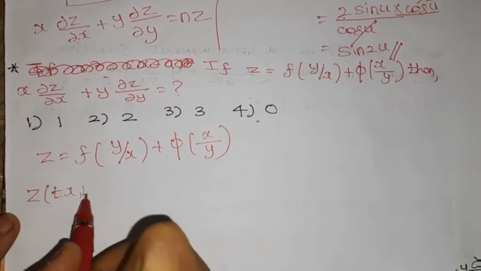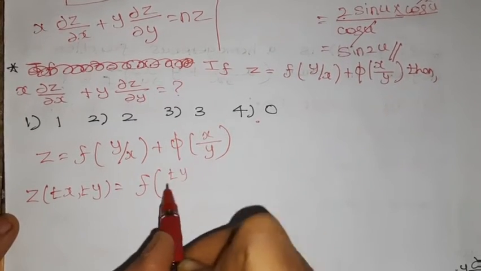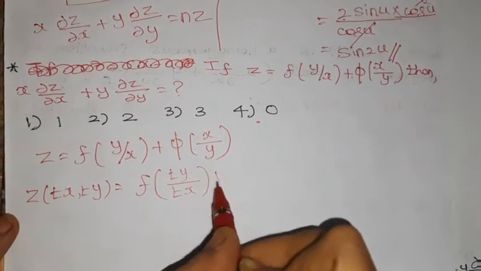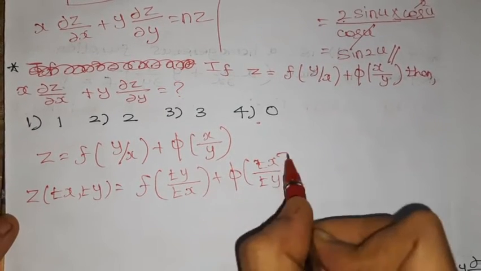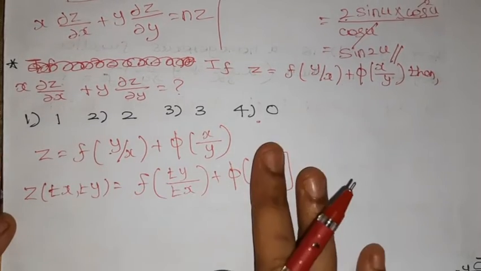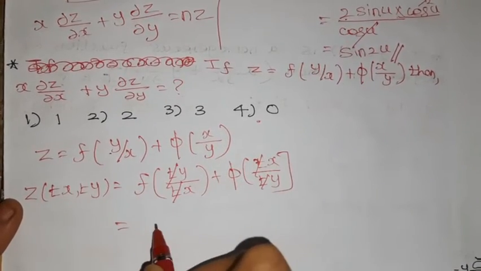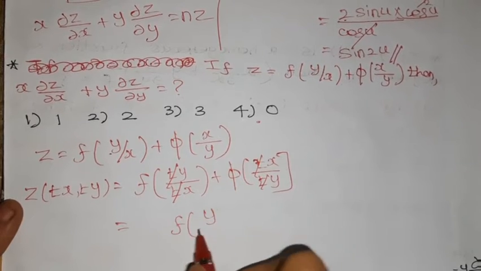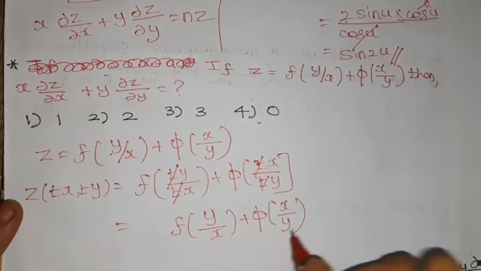How can we say? tx comma ty. So f of ty by tx plus phi of tx by ty. Substitute tx and ty in place of x and y. So then it cancels. Cancel means we can get this one only, f of y by x plus phi of x by y.